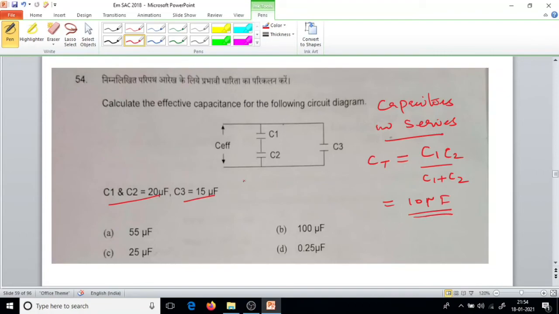If two resistors are connected in parallel, here we will get CT equal to capacitance divided by the number of capacitors.